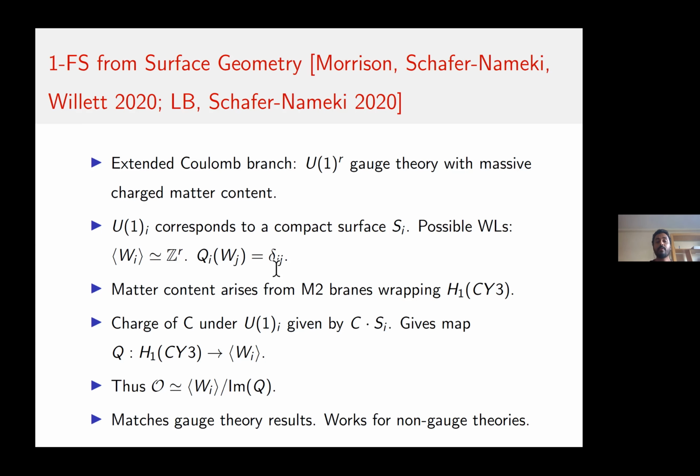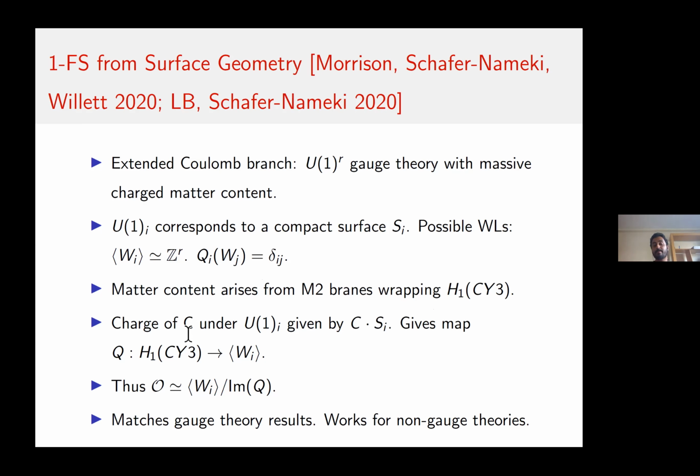Okay. And now we want to look at what the matter content is. So matter content arises from M2 branes wrapping various, sorry, I have written H1 over here, I should write H2. So this is an error throughout the slides. It's always an H2. So we are looking at M2 branes wrapping complex curves, which are real two-dimensional. So H2 of the Calabi-Yau threefold.